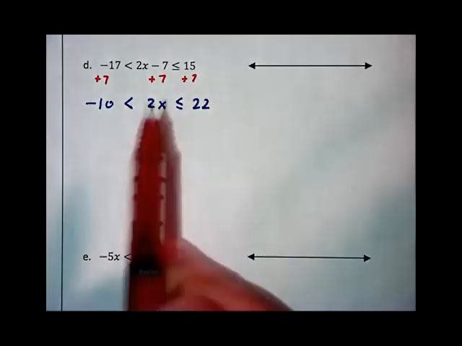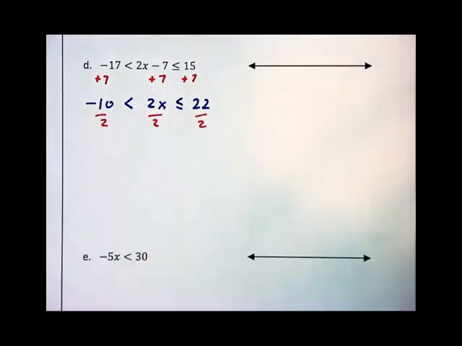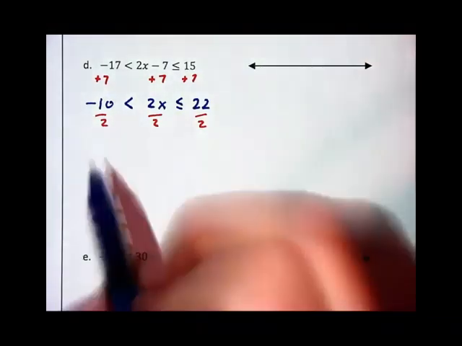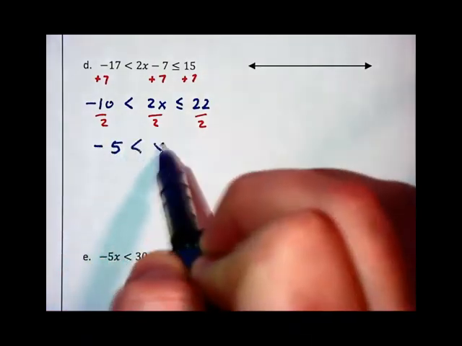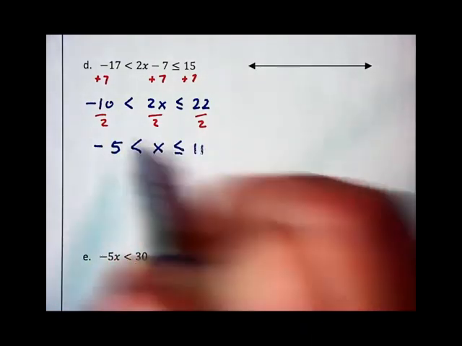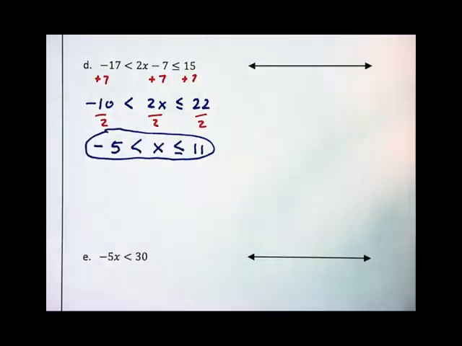We want an x by itself in the middle. We want to divide off the 2. Dividing by a positive 2 does not change the direction of the inequalities. It's only when we divide by a negative. So we're going to have negative 5 is less than x is less than or equal to 11. And that would be our compound inequality solution.